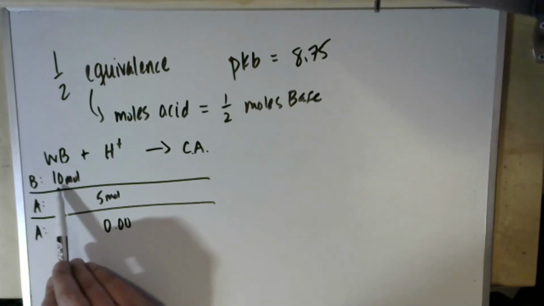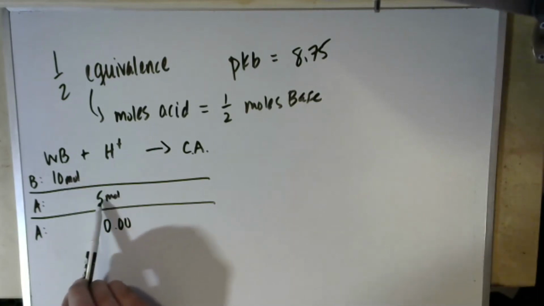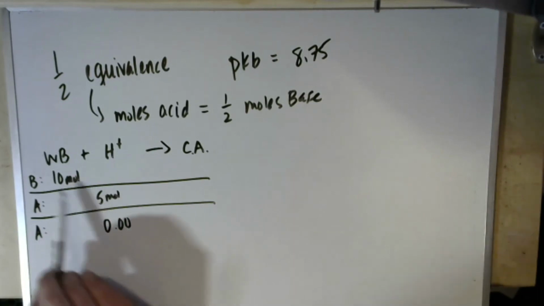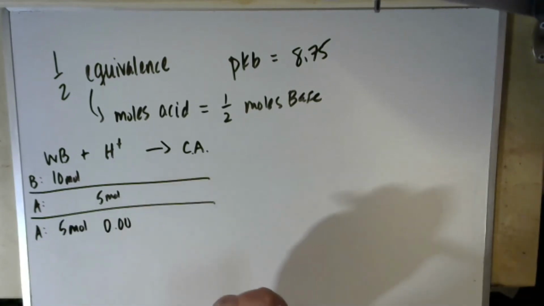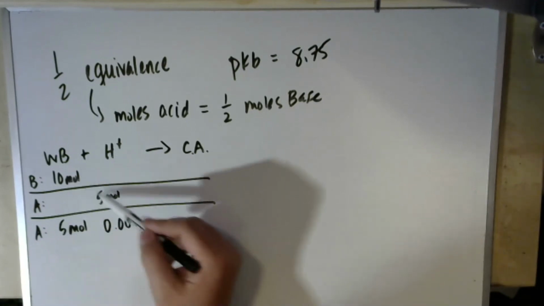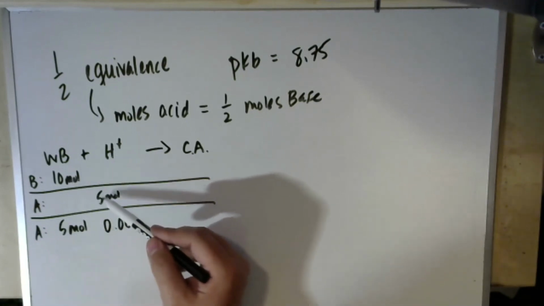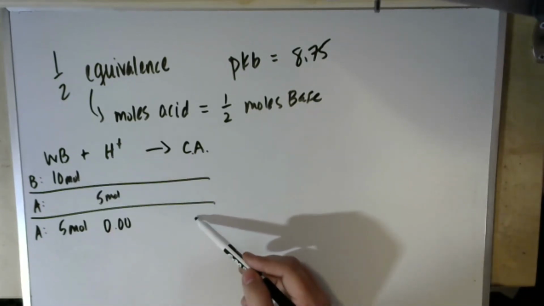And I'll have used up 5 moles of my weak base, because I had 10 moles, 5 moles of the H plus reacted with it. So I have 5 moles left. At the same time, when my H plus was using up my weak base, it was also forming the conjugate acid over here.